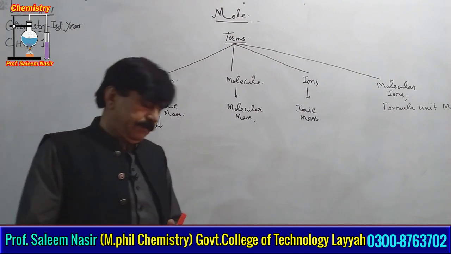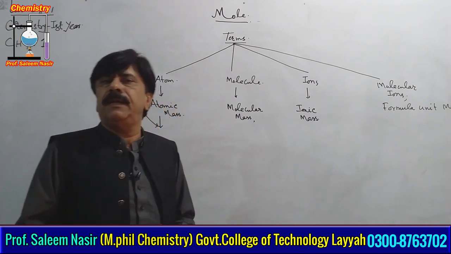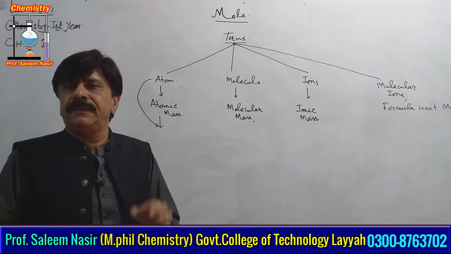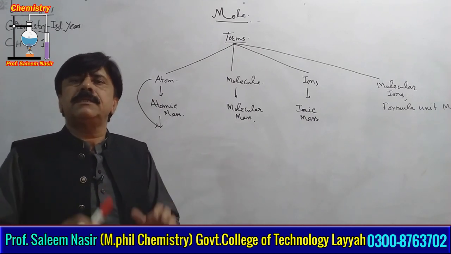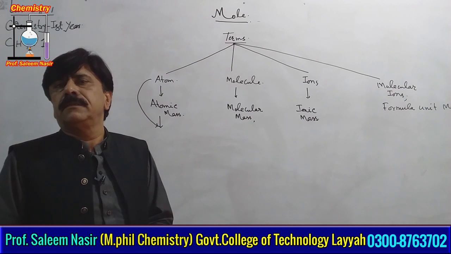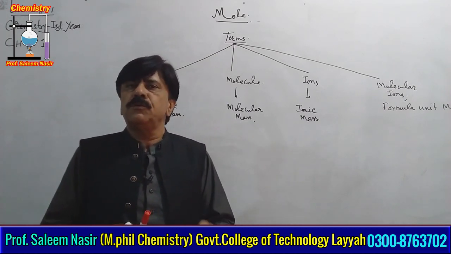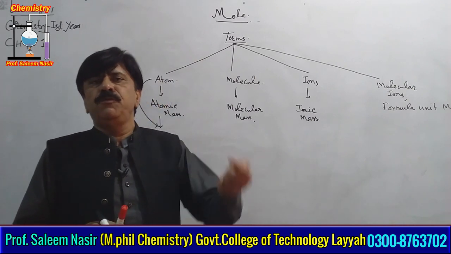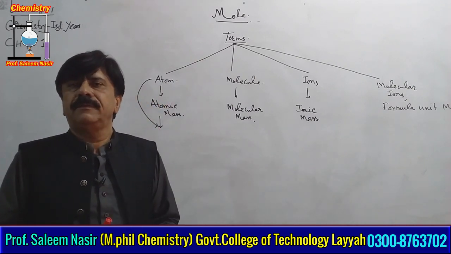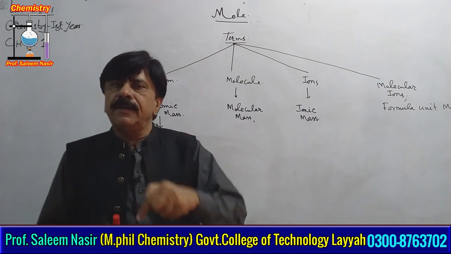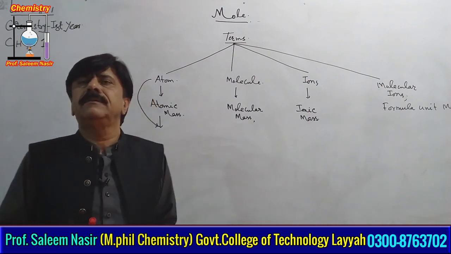We cannot weigh an atom, or some number of atoms, on any physical balance. So we have the relative atomic mass.